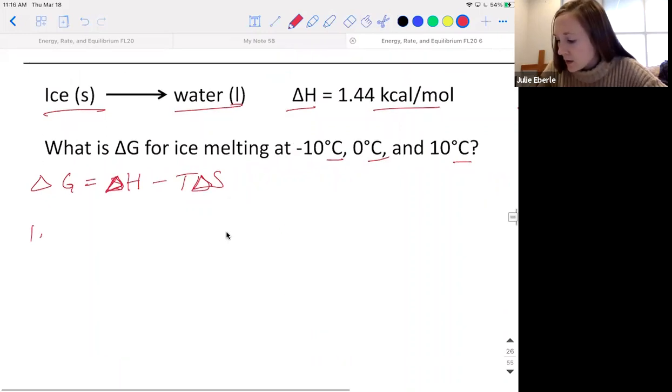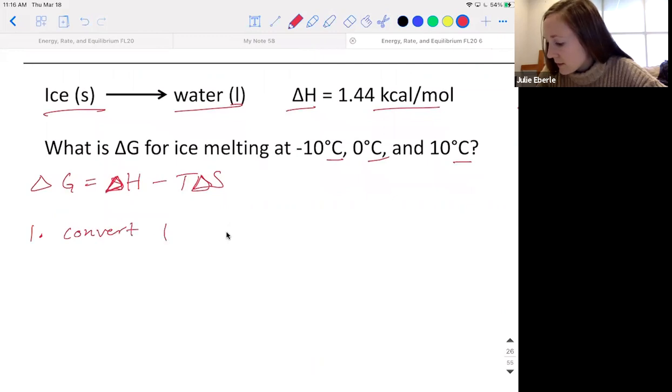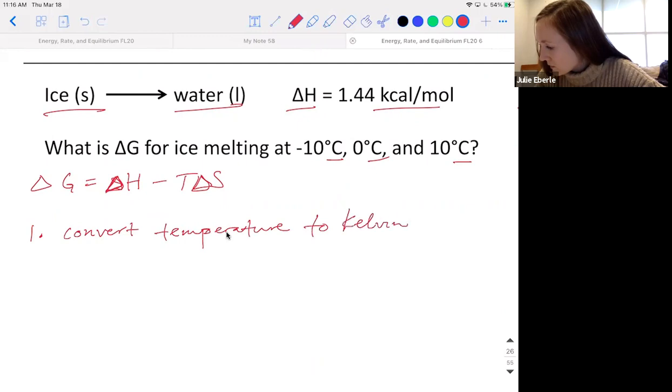Number 1, you always have to convert temperature to Kelvin, if you're not given a temperature in Kelvin. If you're given it in Celsius or Fahrenheit, most commonly you'll see Celsius, then you have to convert it to Kelvin.